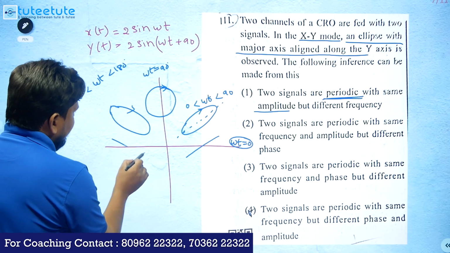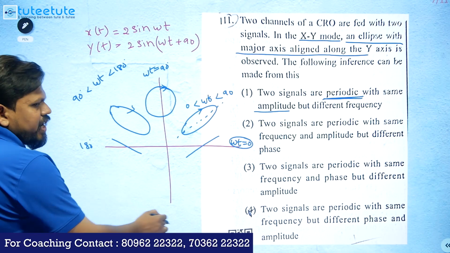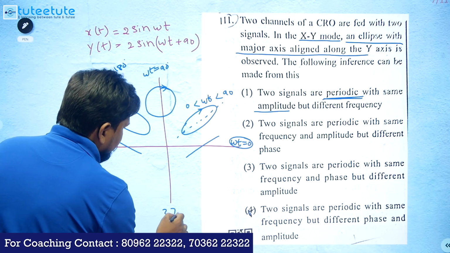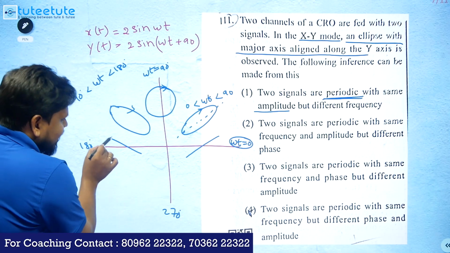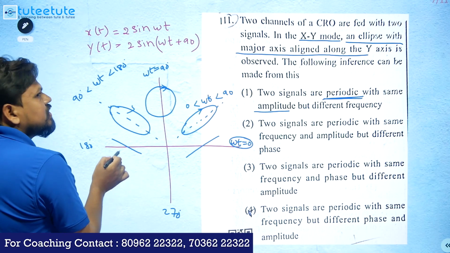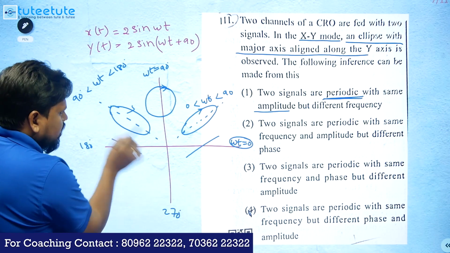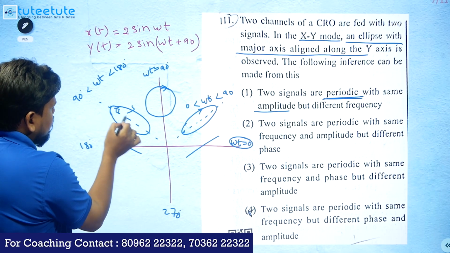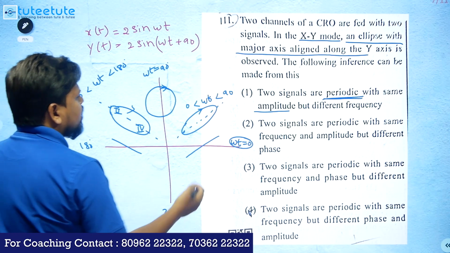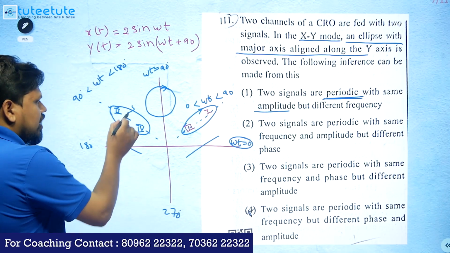Next, here it is 180 degrees. Between 180 and 270 degrees you will get the major axis like this, in the second and fourth quadrant, clockwise rotating. Here it will be the first and third quadrant, clockwise rotating only.